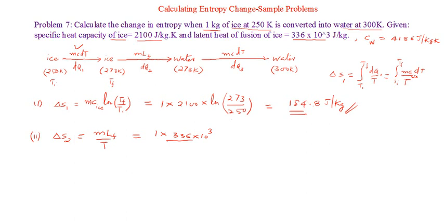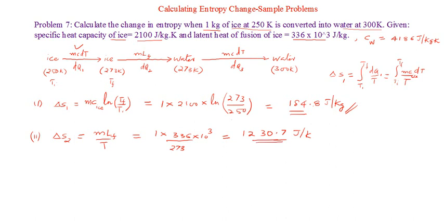T is equal to 273 in this case because the same temperature is maintained. So this answer will be close to about 1230.7 joule per Kelvin.